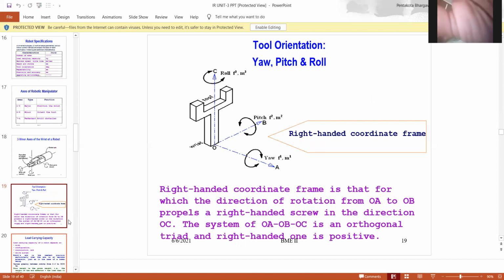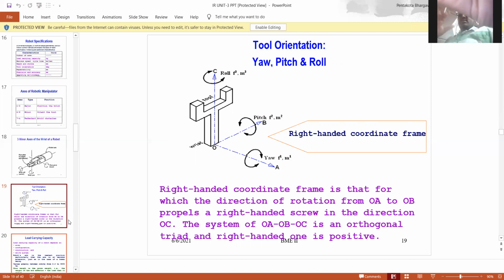Here I also classify tool orientation, which is the roll pitch yaw method. This is the right hand method. One axis is the yaw, this is the pitch, and this is the roll.